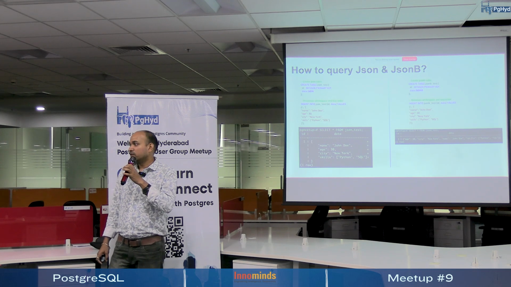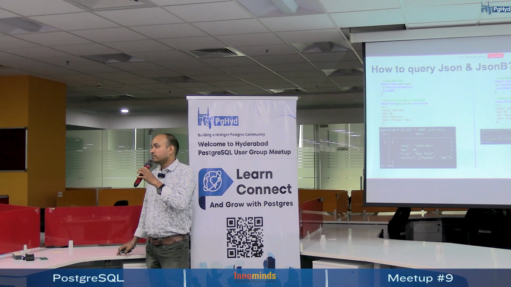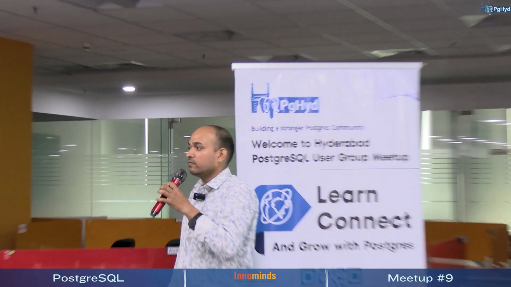It's about joins. I have one JSON object, another table with another JSON column, and another non-JSON column. JSON has different functions where you can access each of those attributes.